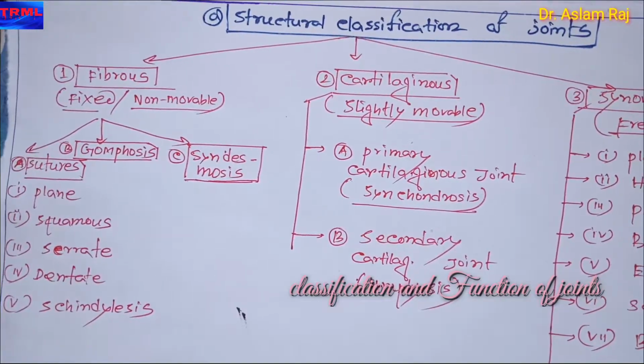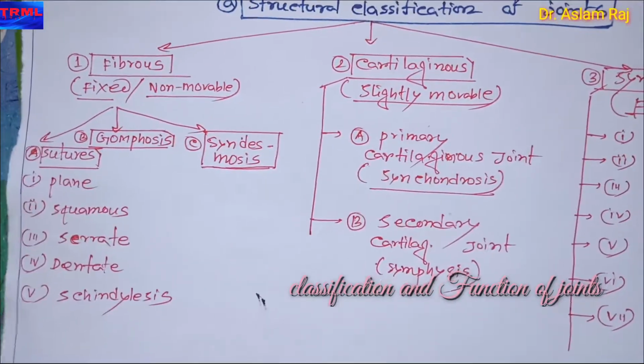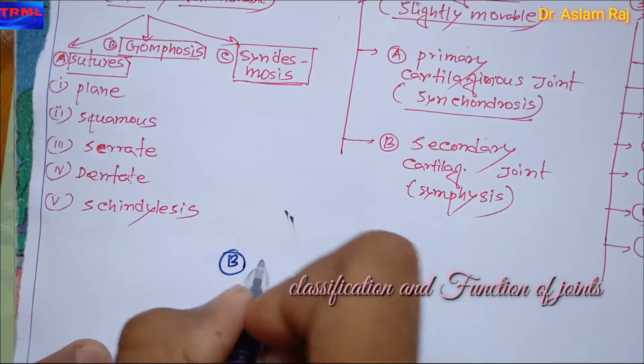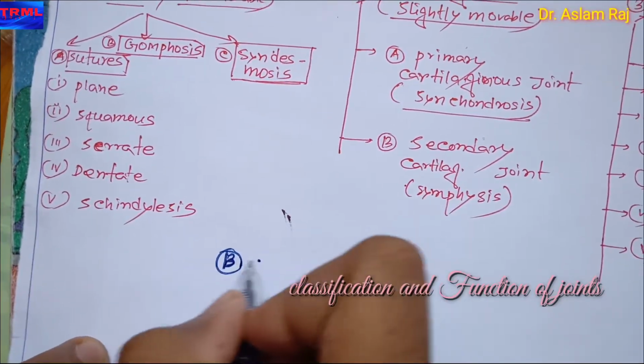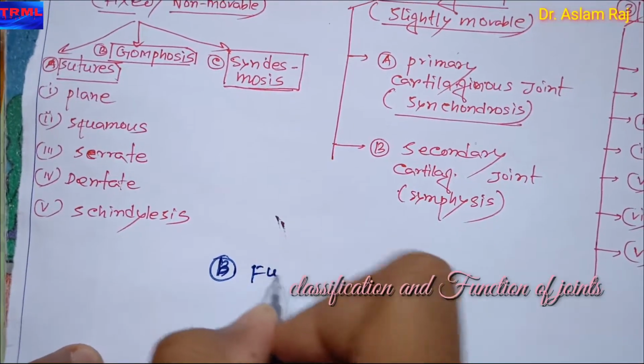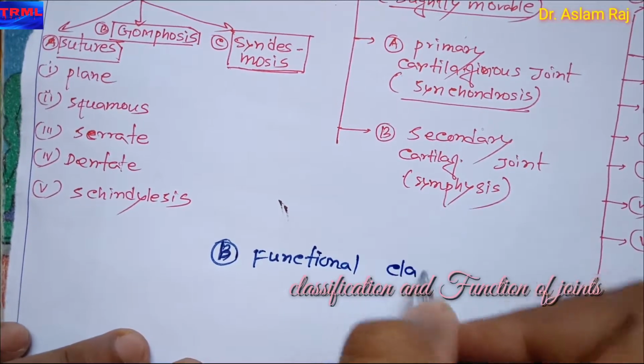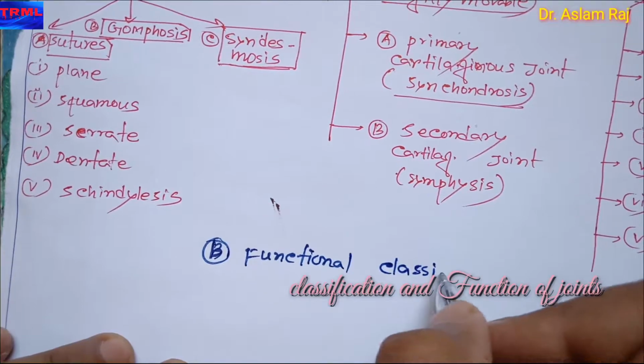So this was the structural classification of joints. Let's see the second basis of classification of joints, according to their functional classification.